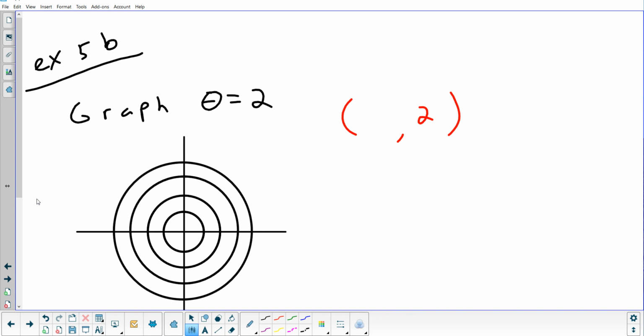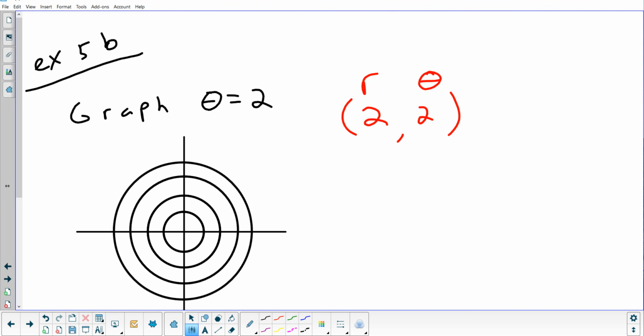So could somebody give me a radius that has a theta value of 2? Yep, 2. And I'll just leave it as 2 because it's in radians. So 2 for the radius, 2 for the angle.